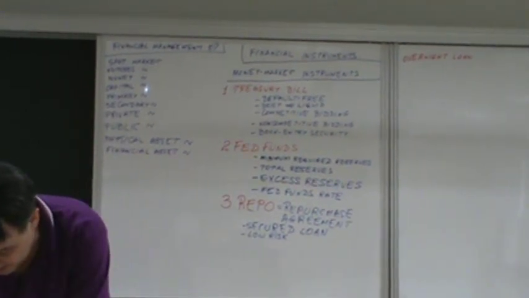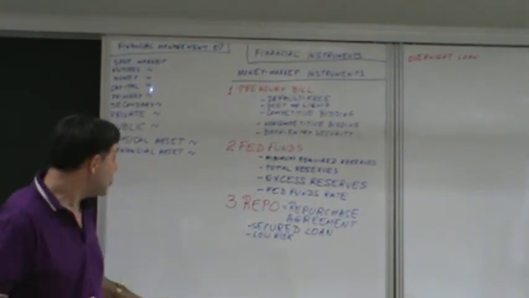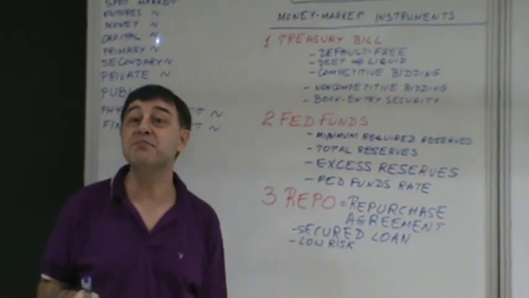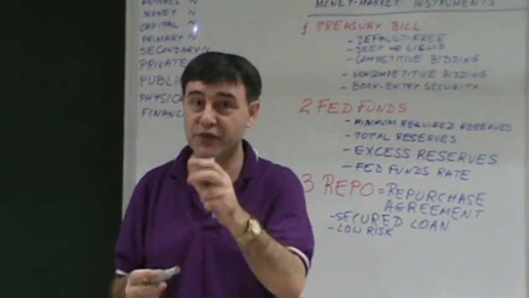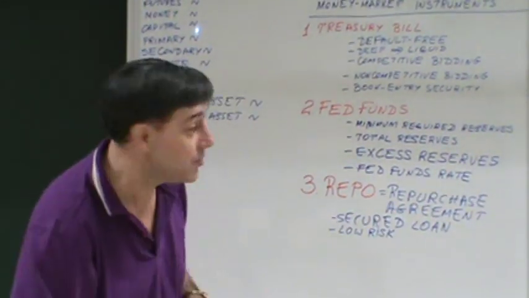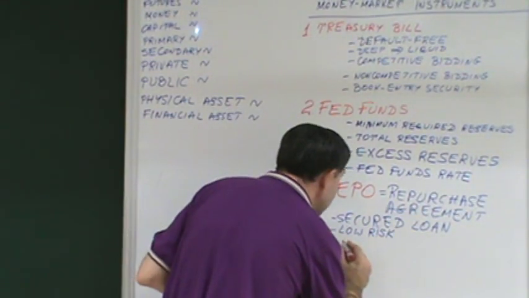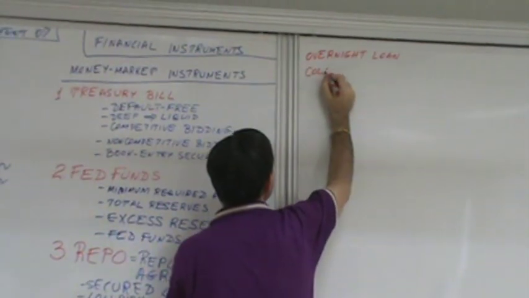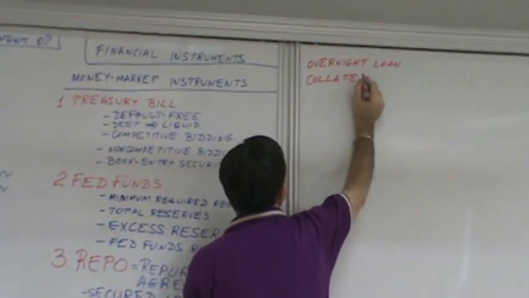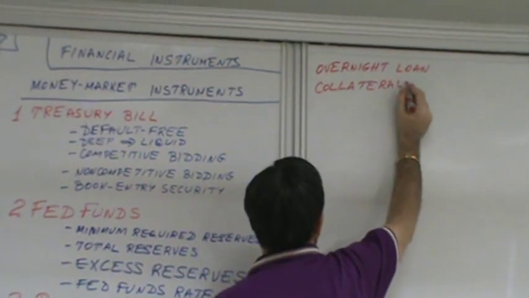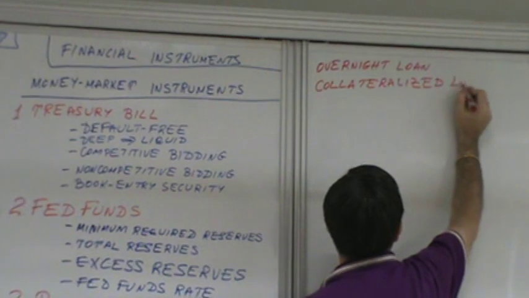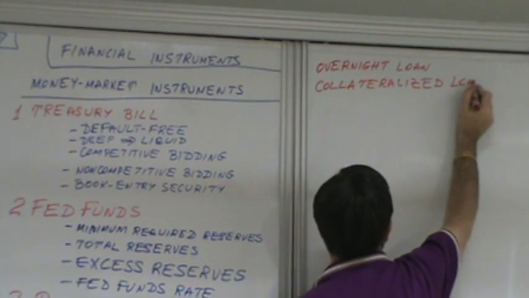Let's see what else. When we say secured loan, let me write another little word for you, which they have in the textbook. They call it, and I'm going to write it in red over here, a collateralized loan.